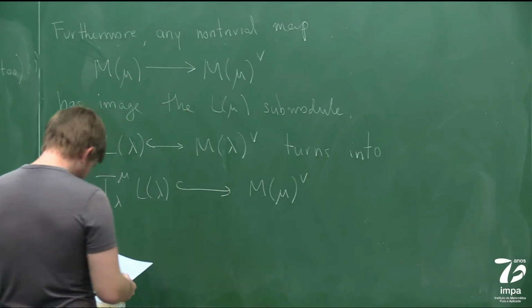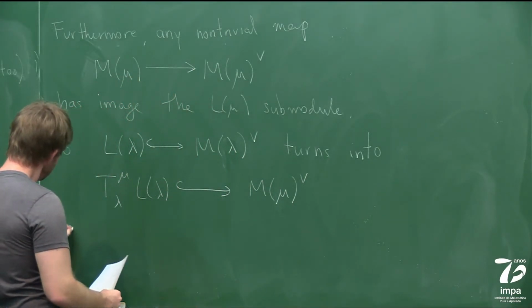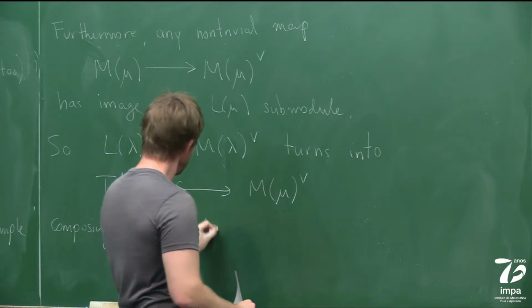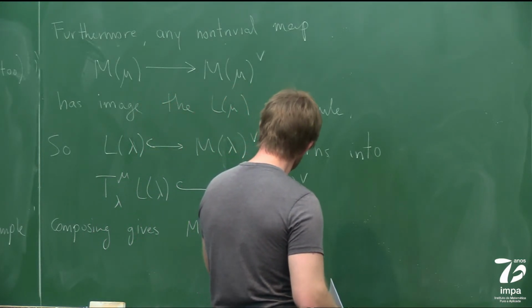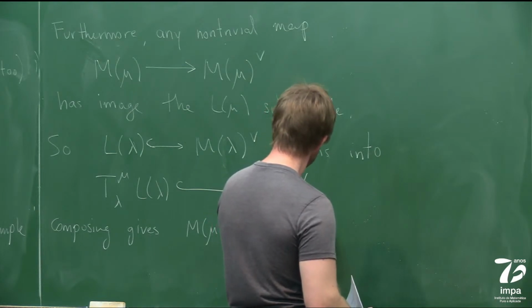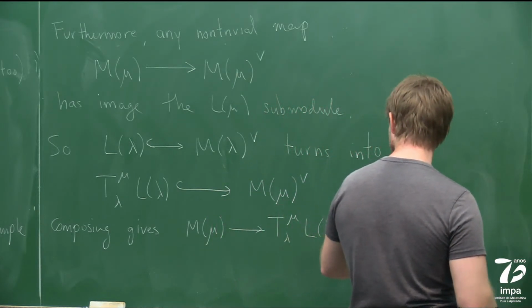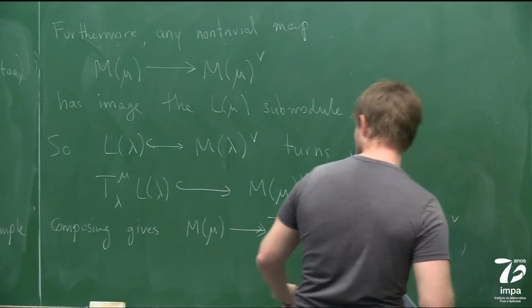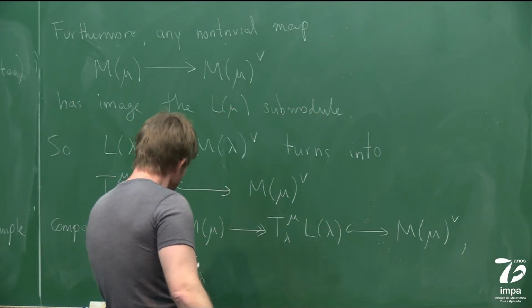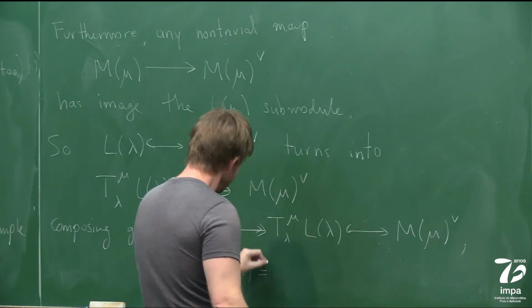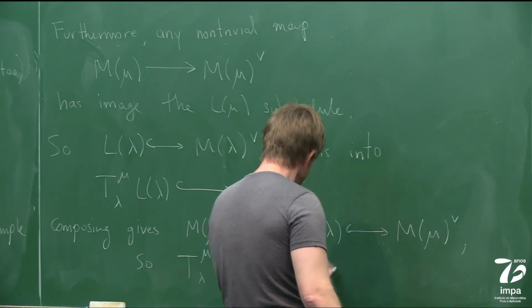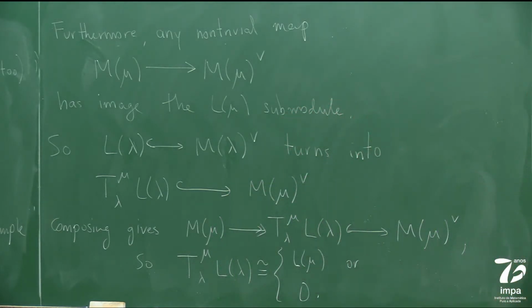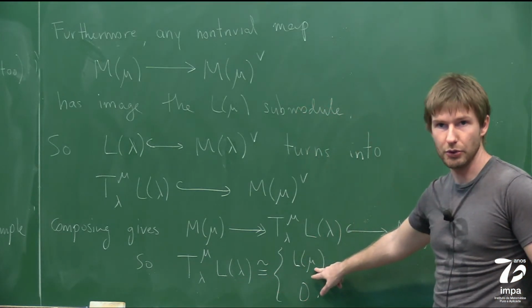And composing them, it's easy to see there are only two options, that the image of L lambda has to be either L mu or 0.